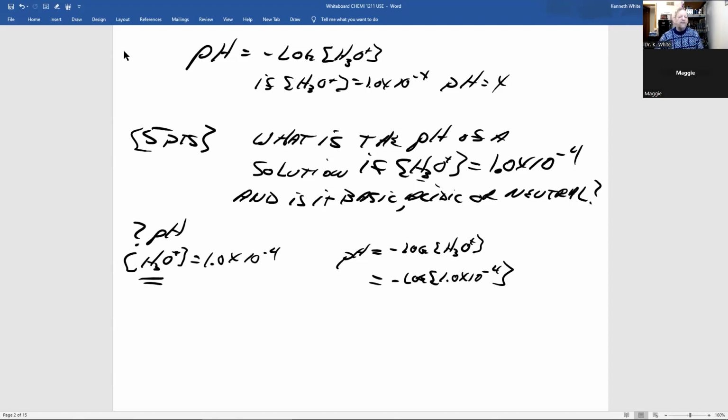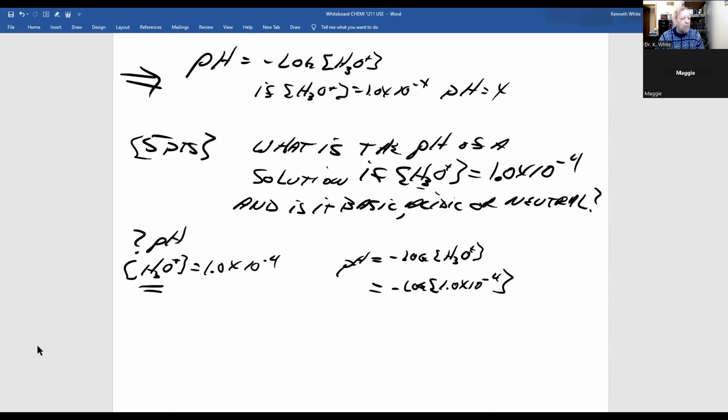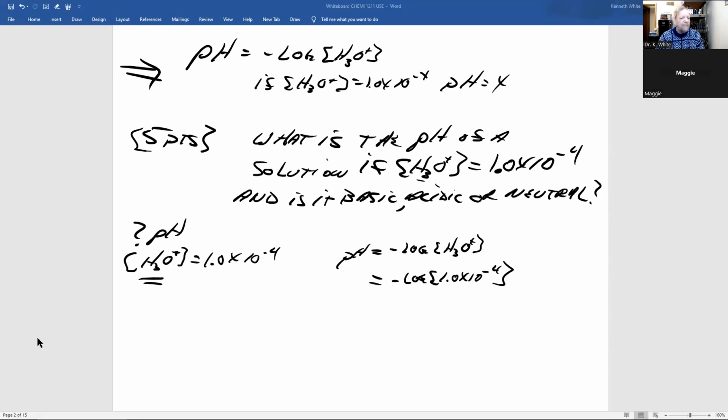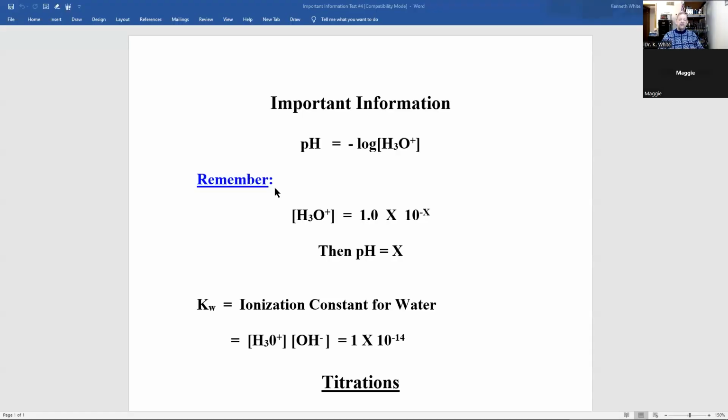And from important information, test number 4, I better open it up so you believe me. And you should see important information, test number 4.